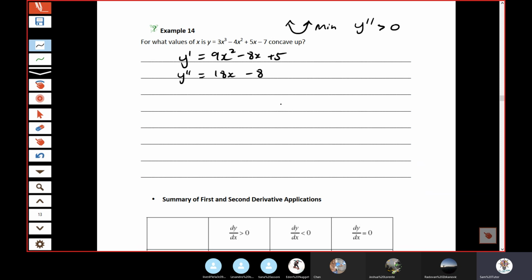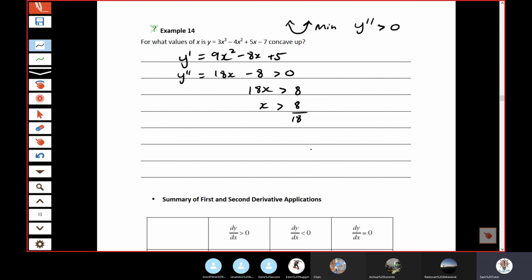And then what are you going to do, Lysandra, at this stage? Equal to 0. Yeah, pretty much, but essentially greater than 0. Because it's not squared or anything, I think you can get away with greater than 0. x greater than 8 on 18. As long as x is bigger than 8 on 18, it's always going to be concave up.